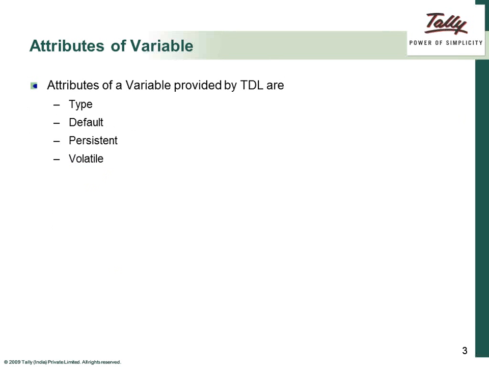Whether it's a string, number, date, or logical. What will be the default value of this variable when it is introduced to Tally? There is something called persistent, there is something called volatile, right? So we start with data type, called type.